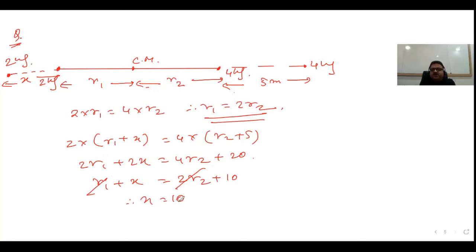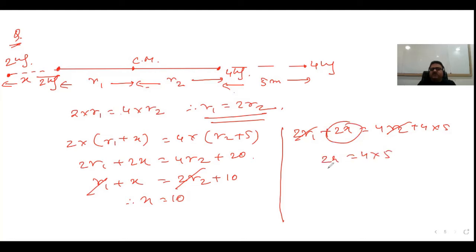But the thing which I am trying to show you here is important for the rest of the sums. Correct? Look at this. 2R1 plus 2x is equal to 4R2 plus 4 into 5. Now look, 2R1 equal to 4R2, so this gets cancelled. So look at this, 2x equal to 4 into 5. What does that mean? That means M1 into delta x1 equal to M2 into delta x2.